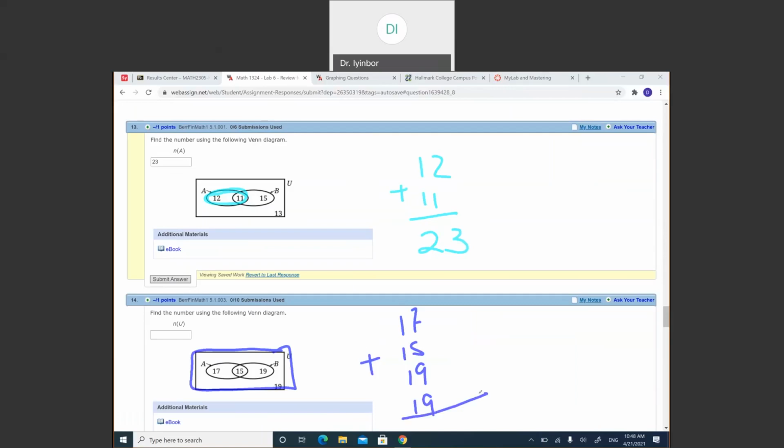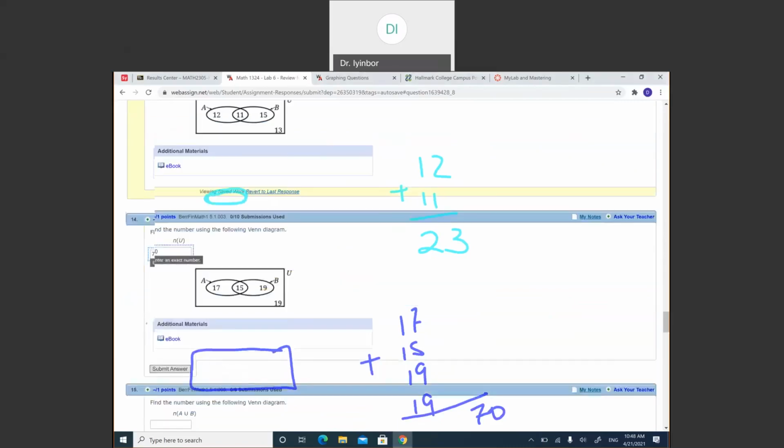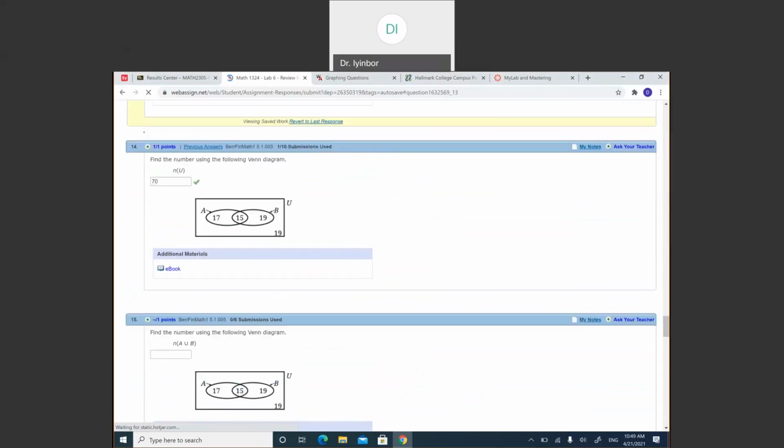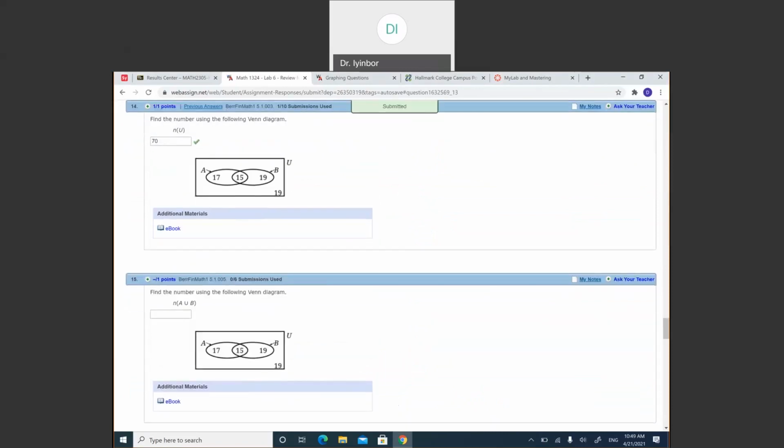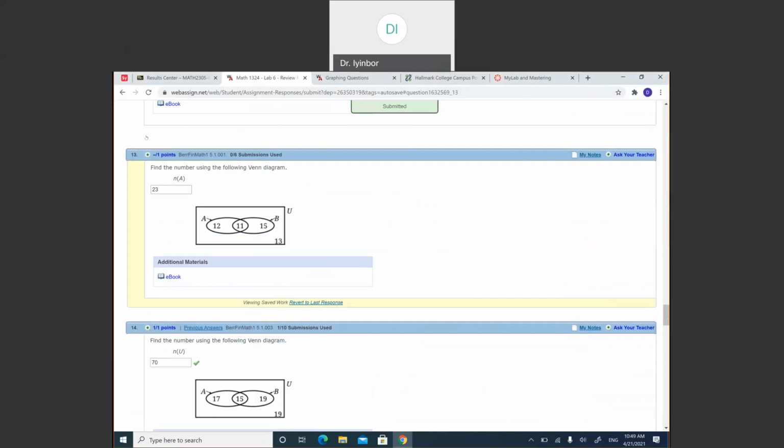So when I add those four numbers, I'm going to get 70. And that's what I'm going to put here, 70. Okay, so let's check that. And let me double check this also.